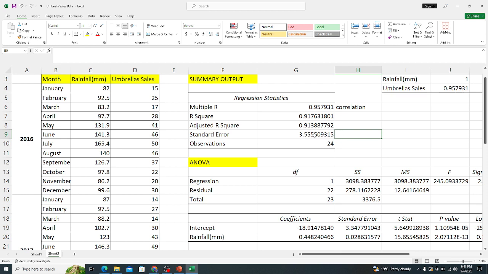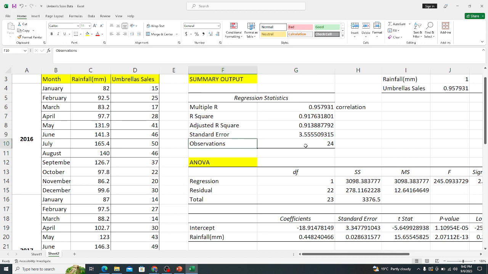If we got a value like 20, definitely the multiple R value would be less as well. In this case, standard error is very small, so we can conclude that this is a good model.